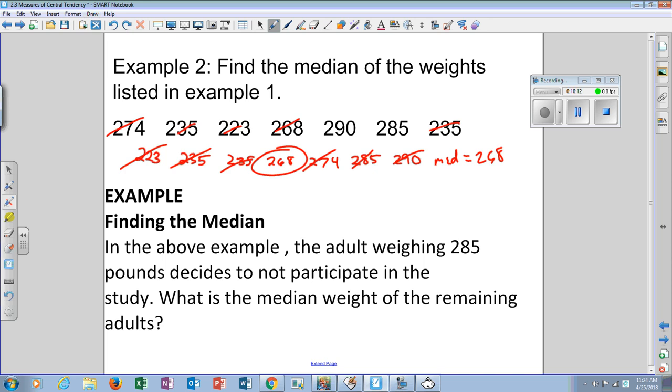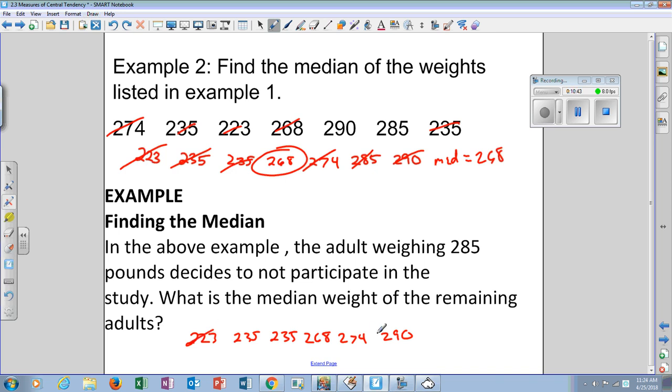Second example, in the above example, the adult weighing 285 pounds decides not to participate in the study. What is the median weight of the remaining adults? So basically, you then have 223, 235, 235, 268, 274, and 290.